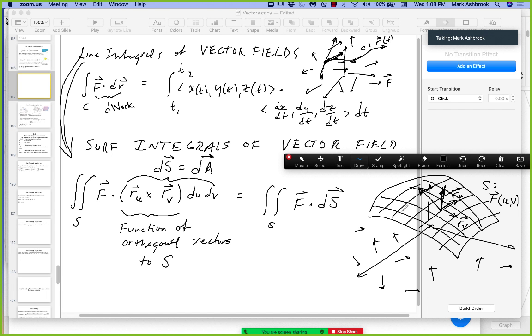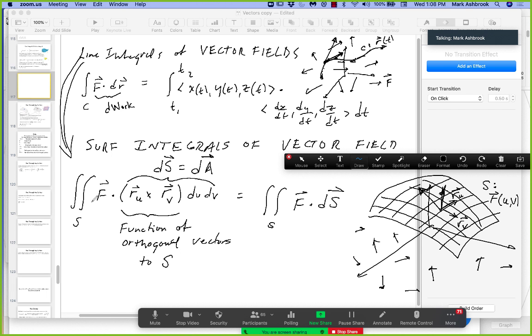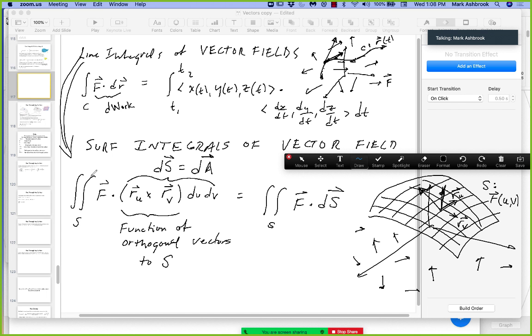Then we're going to accumulate all those parts of f dot dA or dS across the surface.